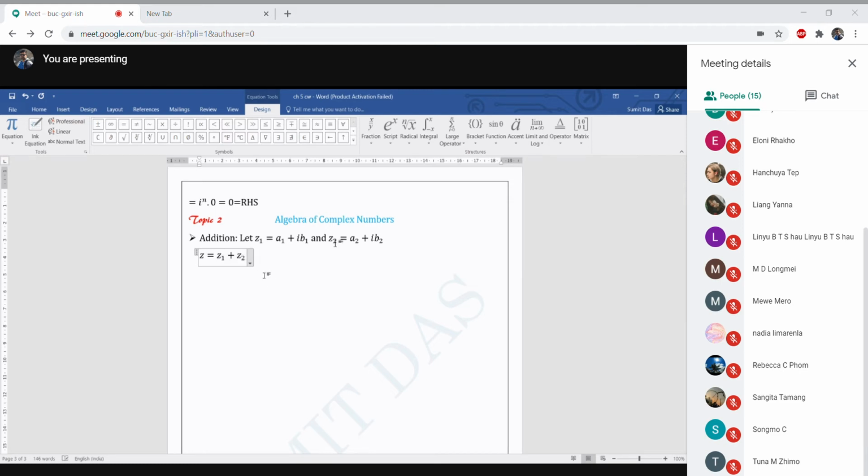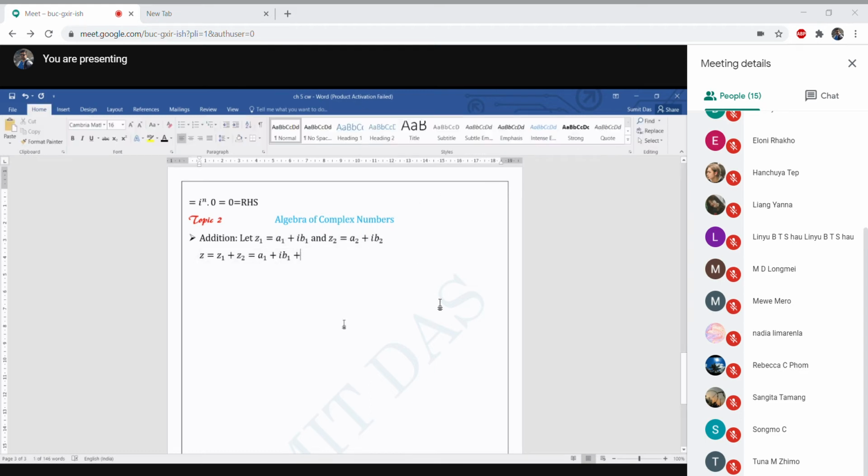So replace the value of z1 and z2. Look, in z1 a1 is the real part and b1 is the imaginary part, right? Similarly in z2 a2 is the real part and b2 is the imaginary part, right?